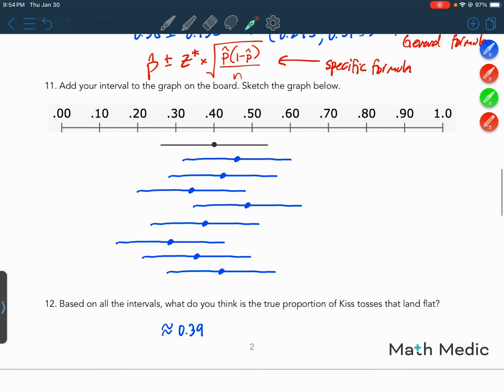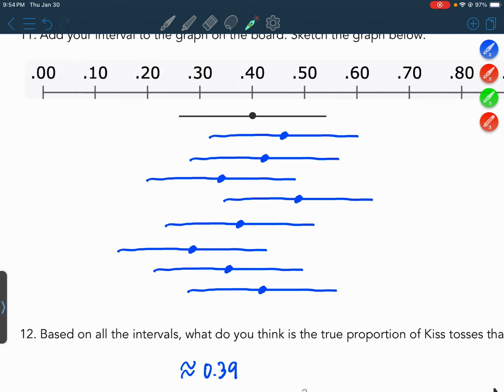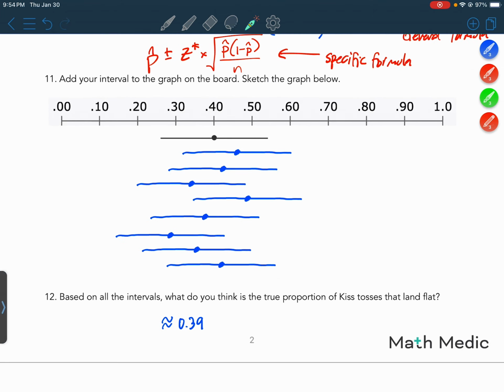All right, I have no idea what your confidence intervals look like, so I just had to make something up. So let's say that these were the intervals that we got from every group. Based on these intervals, what do we think the true proportion of kisses that land flat is? Well, obviously 80% wouldn't be a good value, right?